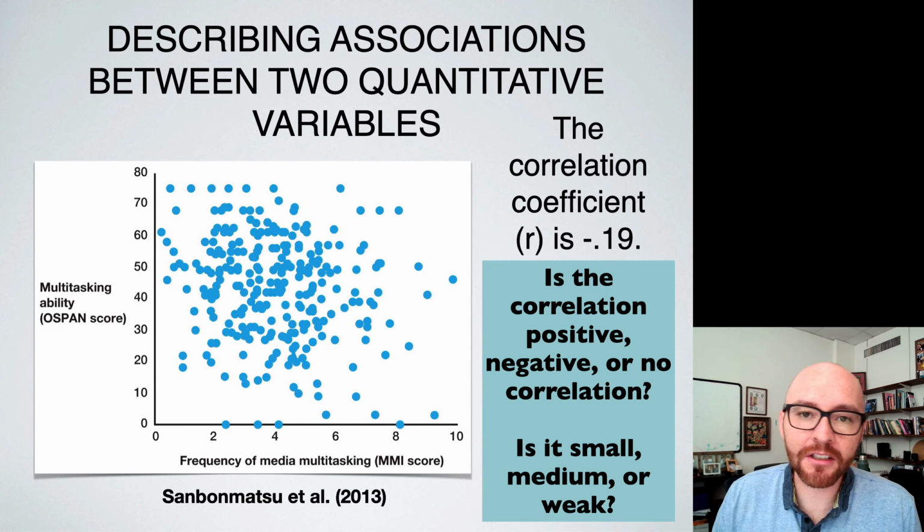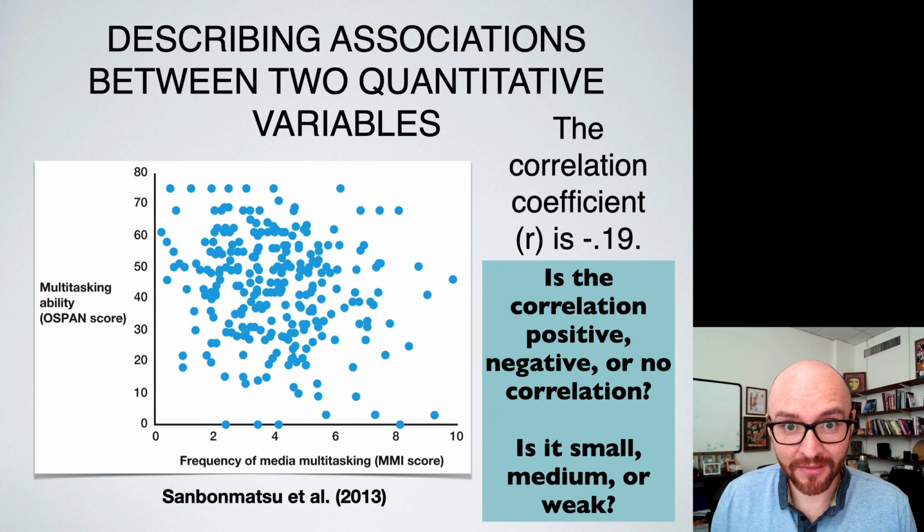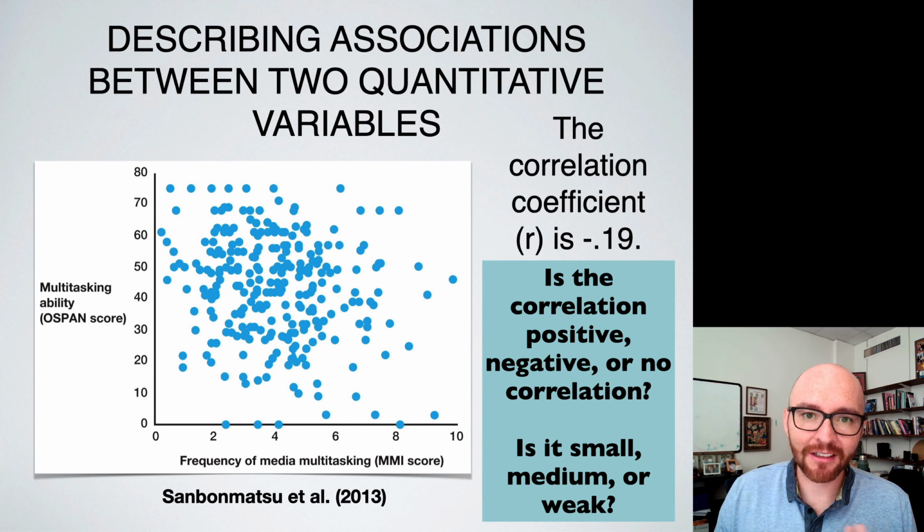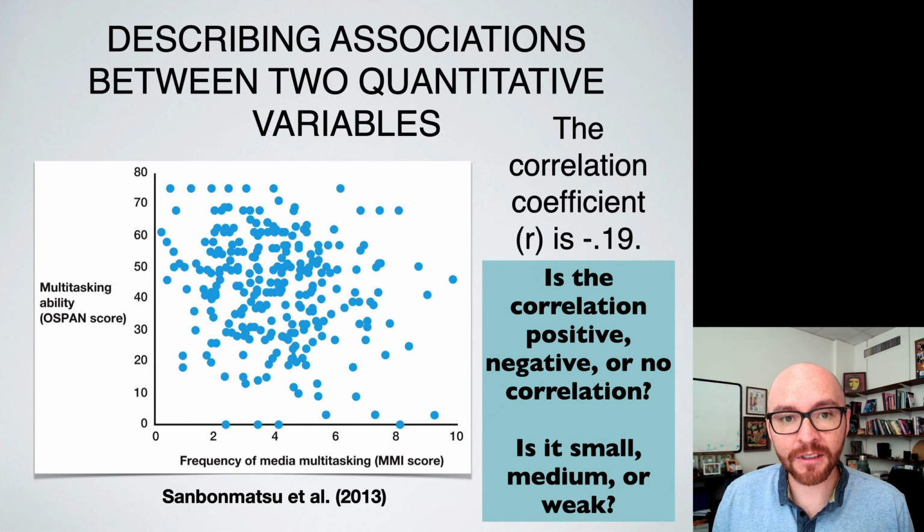So here's another relationship between two quantitative variables. We have multitasking ability on the y-axis. On the bottom, you have how often people use multimedia. So in other words, how often you check your cell phone, how often you multitask on your laptop, how many windows you have open, right?